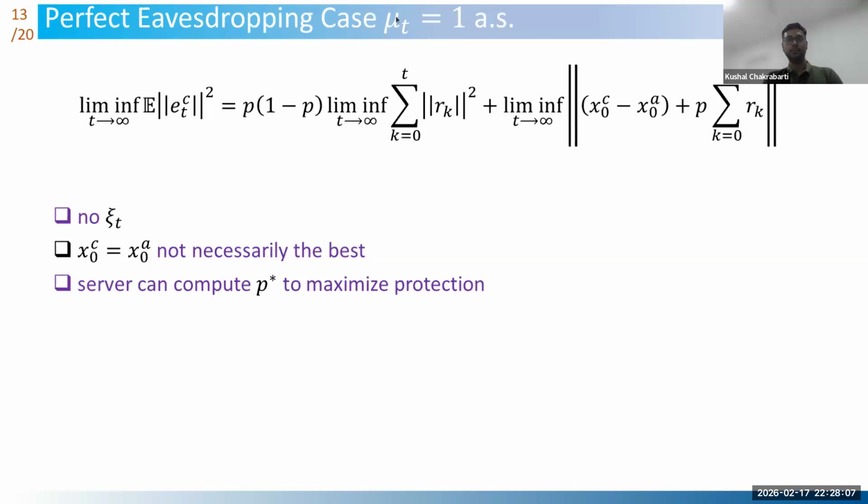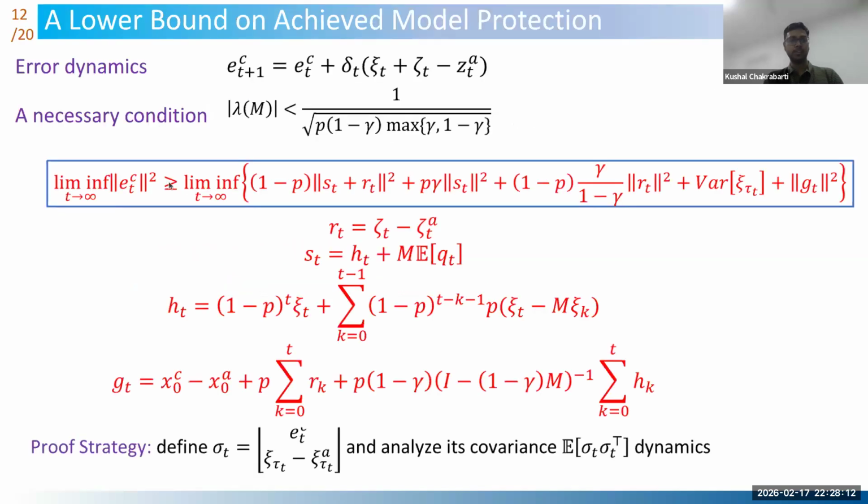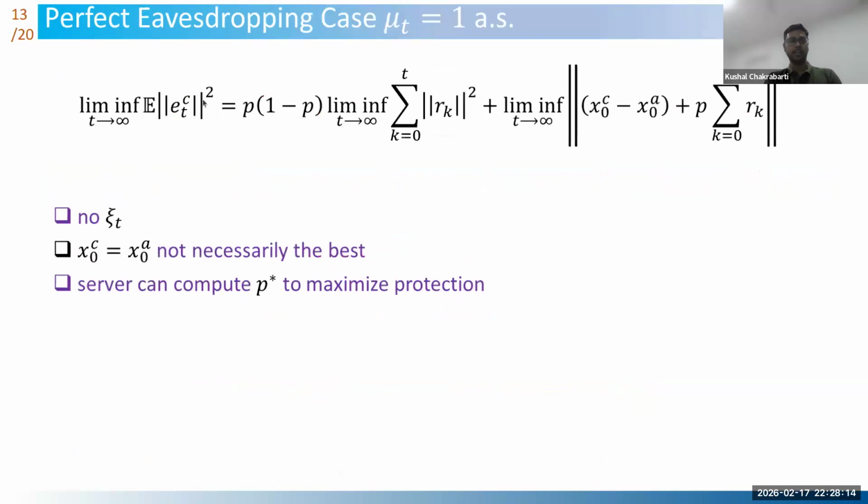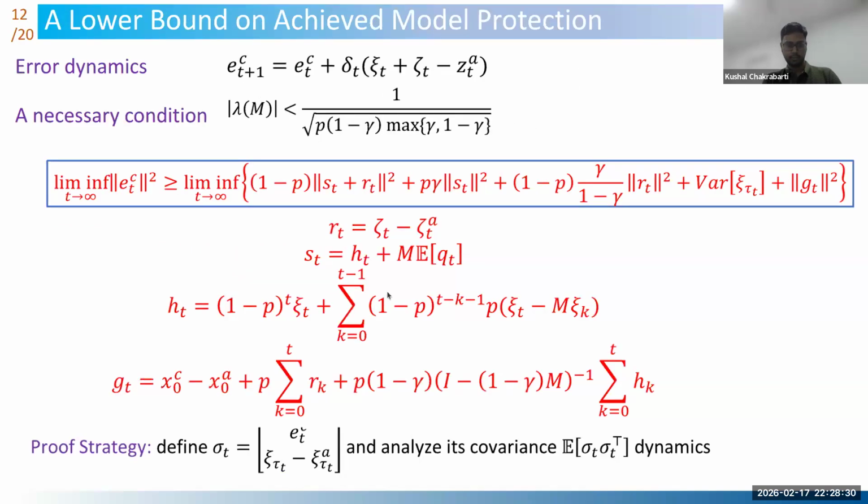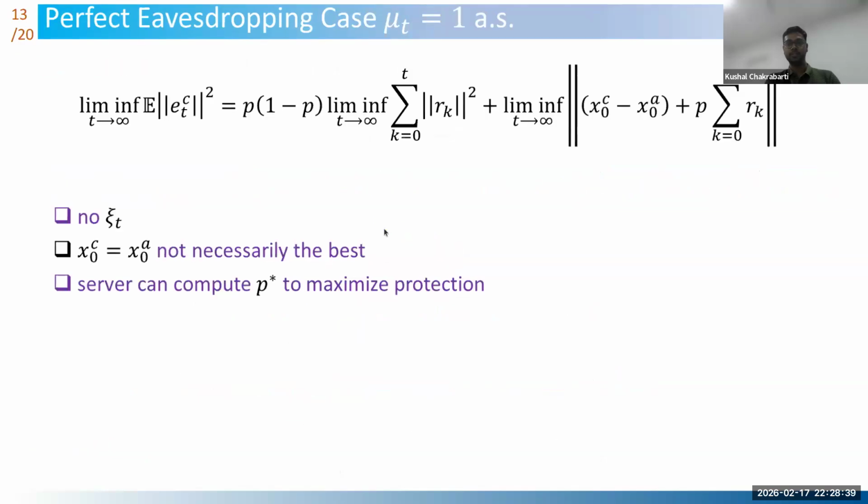If that is the case, when mu t is equal to 1 for all t, then instead of this inequality, you get an exact expression for this protection amount, and it only depends on your client selection probability p plus this quantity r k, which is defined here. It is just the difference between your actual model mismatch and the estimate of the adversary for this model mismatch.